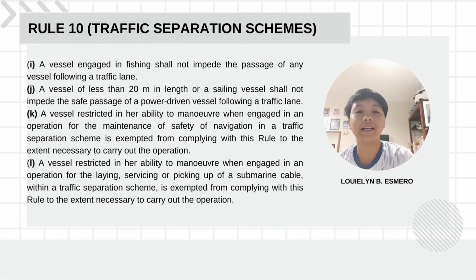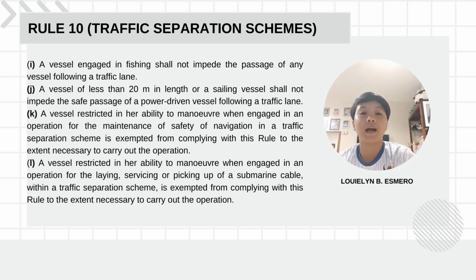necessary. I. A vessel engaged in fishing shall not impede the passage of any vessel following a traffic lane. So, a fishing boat must not block the way of any boat that is following a traffic lane.